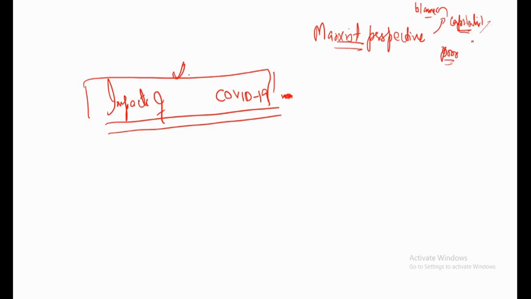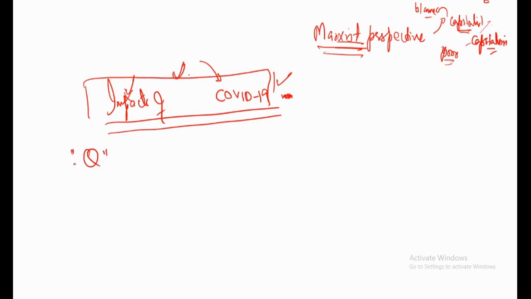You can put blame on capitalism, the system of economic production itself. So, for example, when we are talking about the impacts of COVID-19, then we are not talking simply about the impacts of COVID-19.